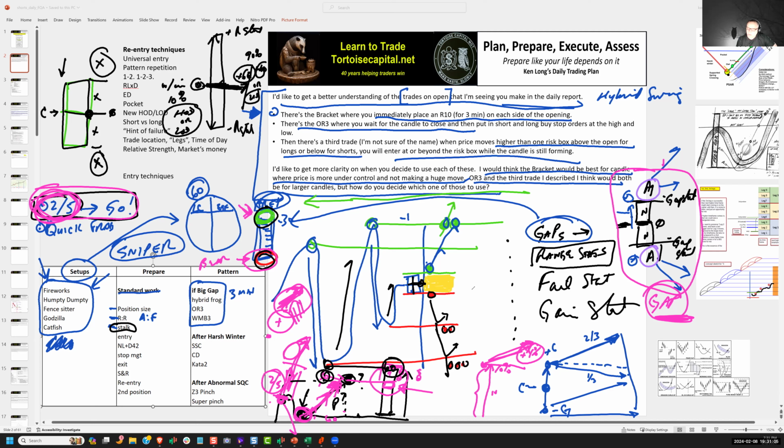What the leapfrog, excuse me, the quick frog is, is waiting 30 minutes and then going. Slow frog, wait 60 minutes, then go. Leapfrog simply says, whenever it opens, if I can just put some kind of modified frog box and bracket the opening, that as soon as I get a breakout, I can take that.